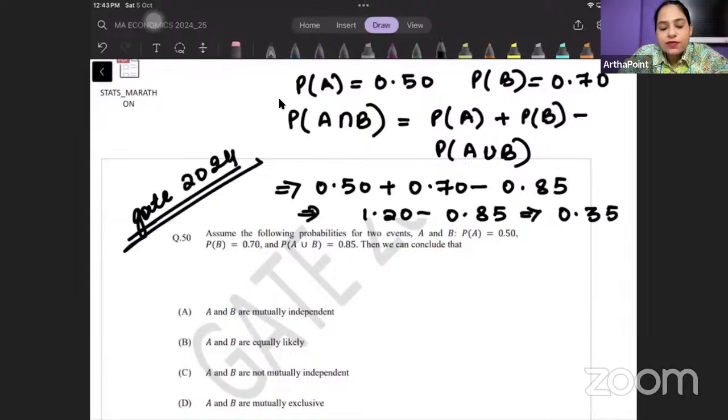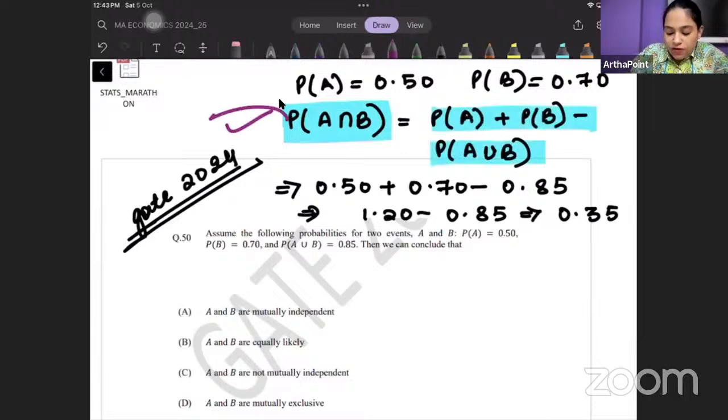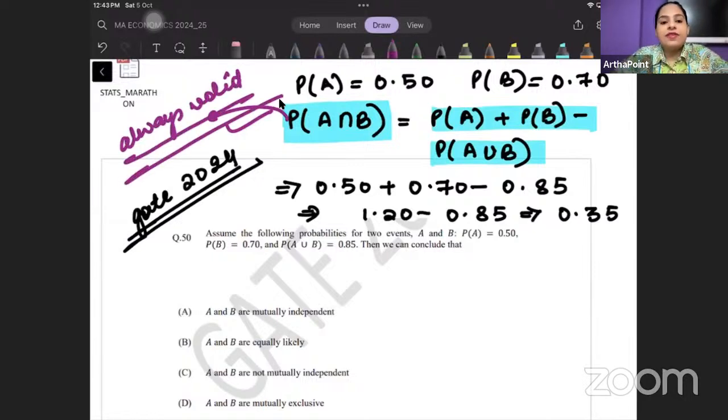Also, did any one of you check the other options? You need to check them. It can be an MSQ question, right? So this is probability A intersection B from this formula. This formula is always valid. ये हमेशा ठीक होगा formula. Always valid. And from this formula, you are getting this to be 0.35.